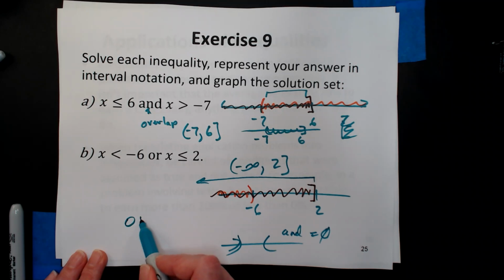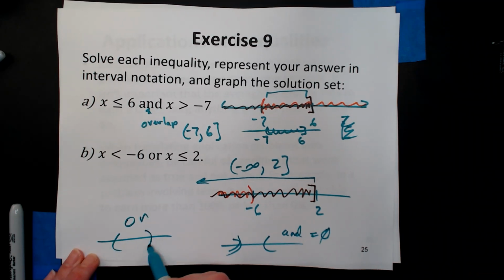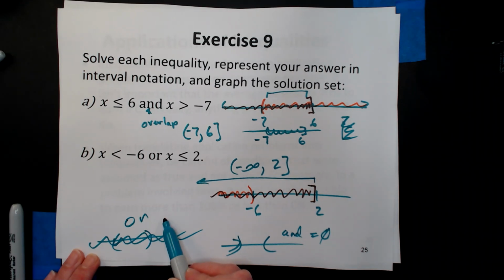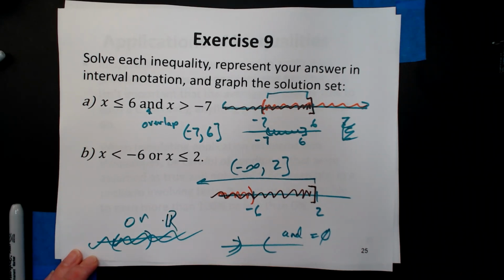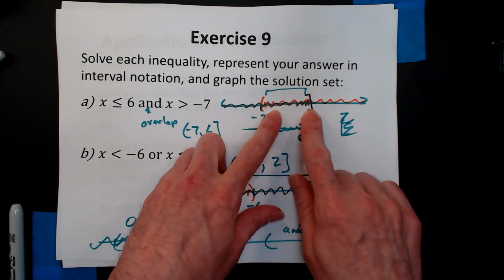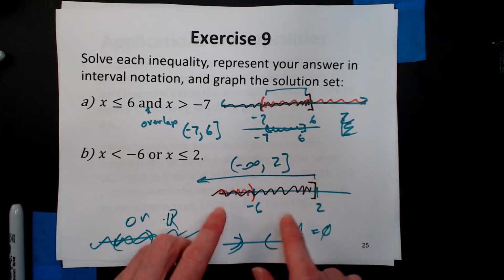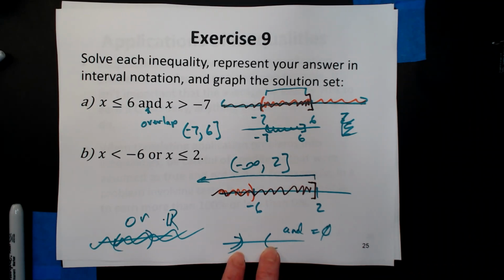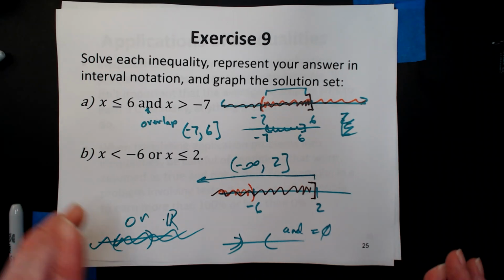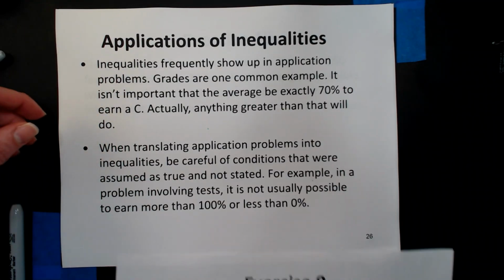Or they could have an OR statement where they overlap on both sides, covering everything, and you get all real numbers back out. So watch out for that as well. You could get an OR statement where it looks like this, and you get the whole number line back out. Or you could get an AND statement where they don't touch, there's no overlap, and you get the empty set back out. Rarely happens, but it is possible.